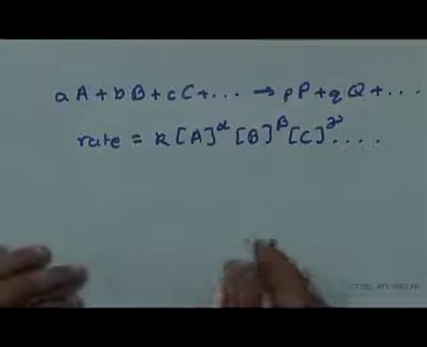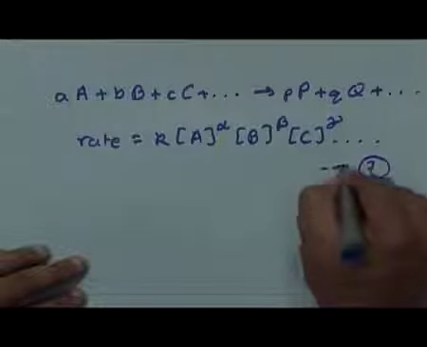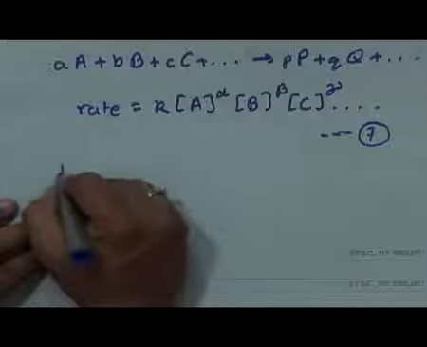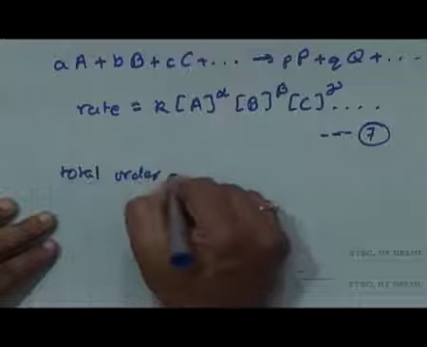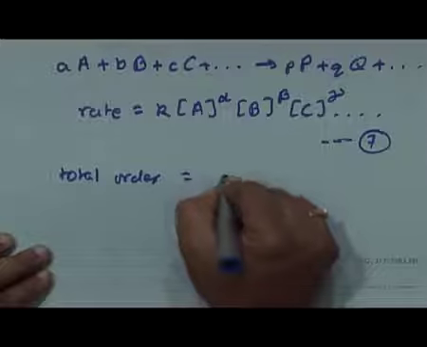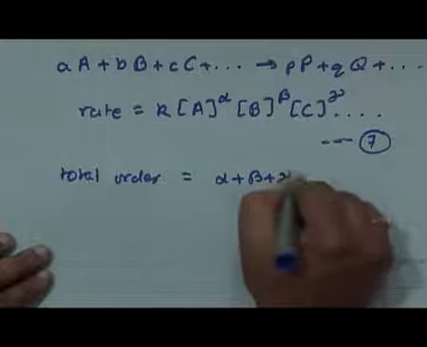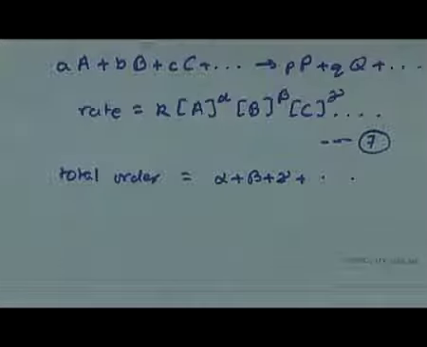So, if this is my rate expression, say let this be equation 7, then the total order of this equation is equal to alpha plus beta plus gamma plus the rest of the exponents.